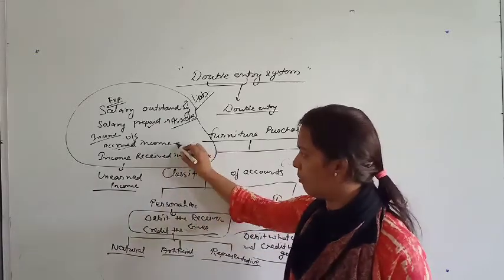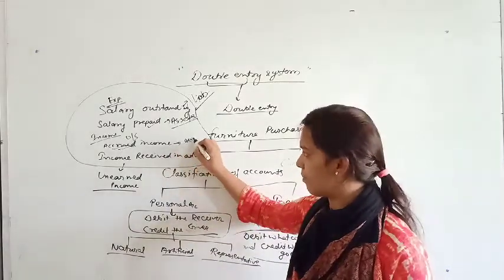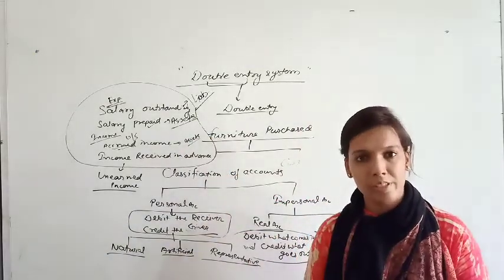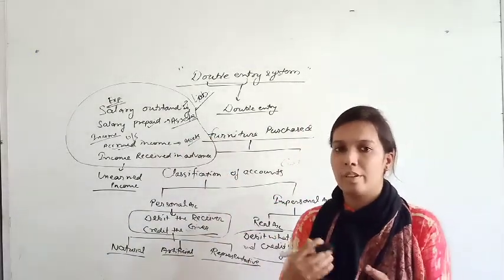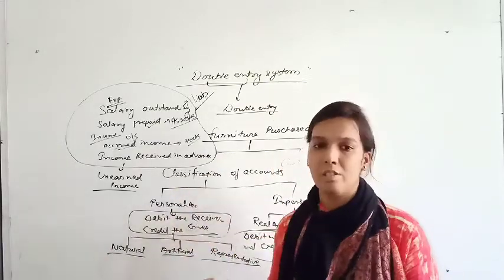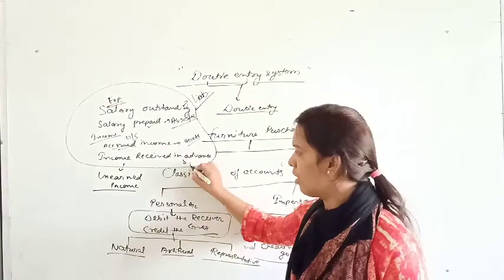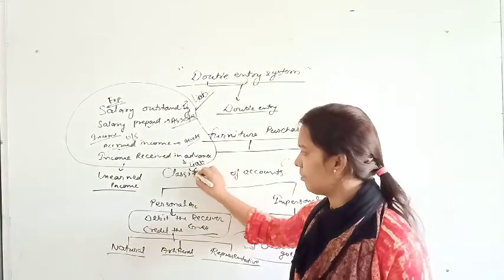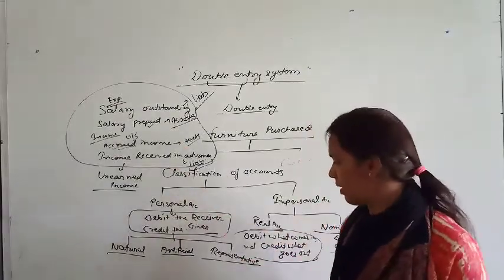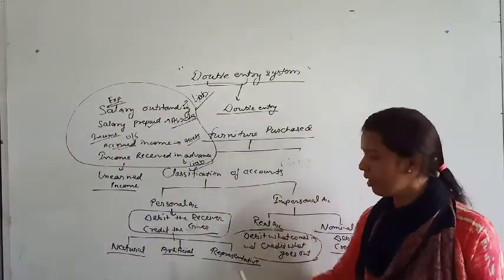So accrued income will be your asset, because you have given your services but did not receive the payment, so you will receive this payment in the future. But income received in advance will be your liability. These are the 4 terms that will be included in representative personal account.